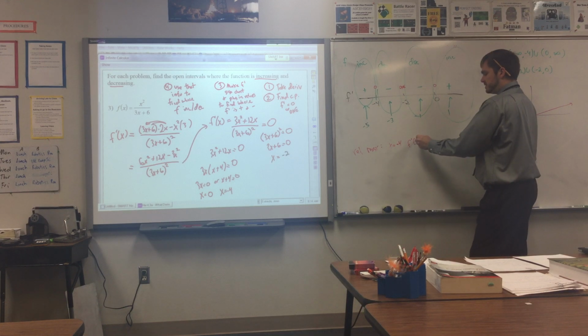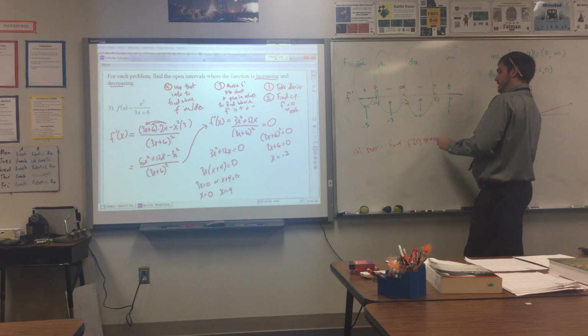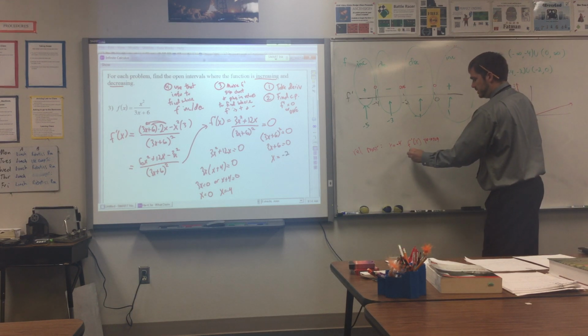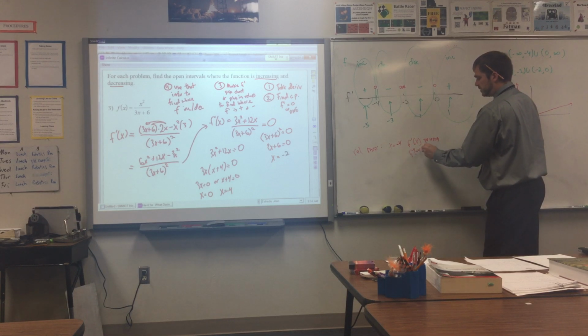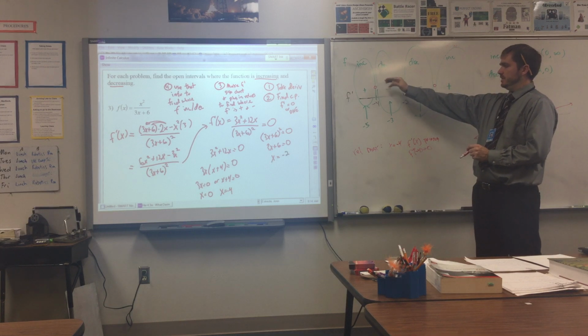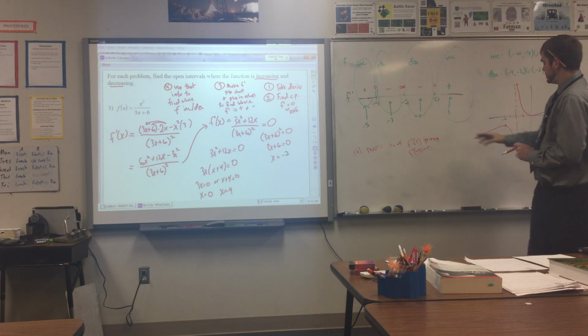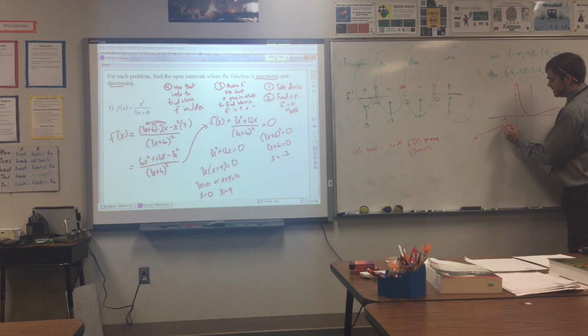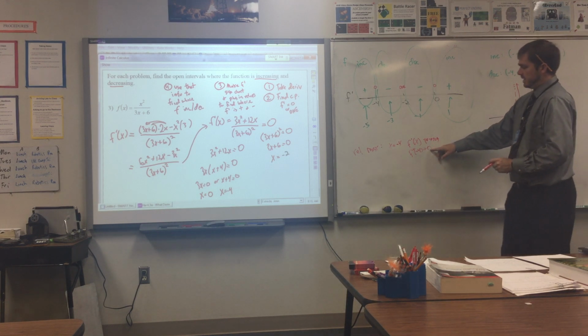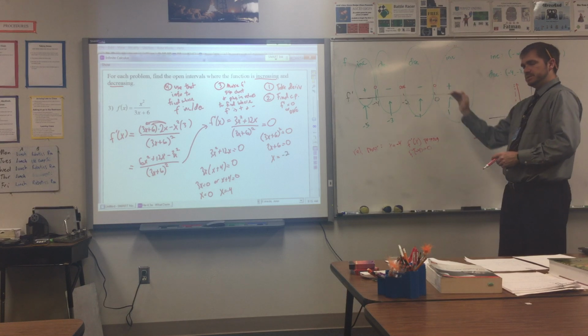Because f prime of x goes from positive to negative at that point, and because f prime of -4 equals 0. So you get a relative max at a location where the slope of the tangent line is 0, so you get a horizontal tangent line, and where the derivative goes from positive to negative.